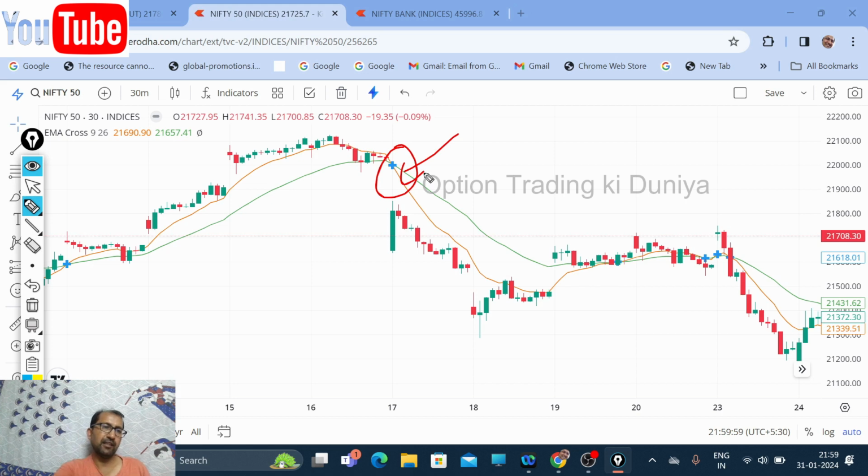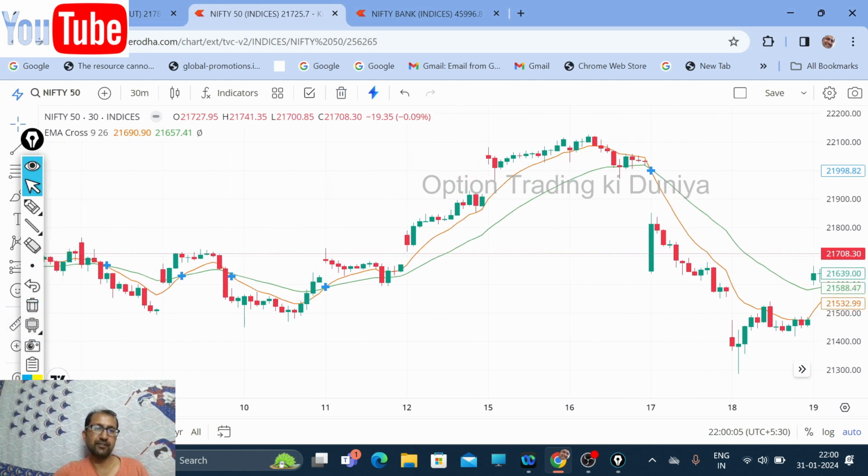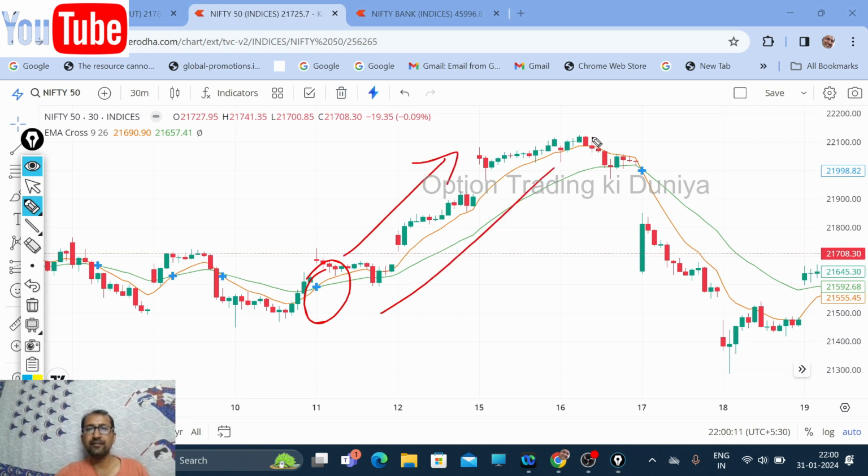But if you go still further back, you can see here. Yeah, see this cross. This cross is a very clear buy, and you can ride till here. So there is a chance. So EMA crossover is a very simple strategy for an average trader who can apply with ease.